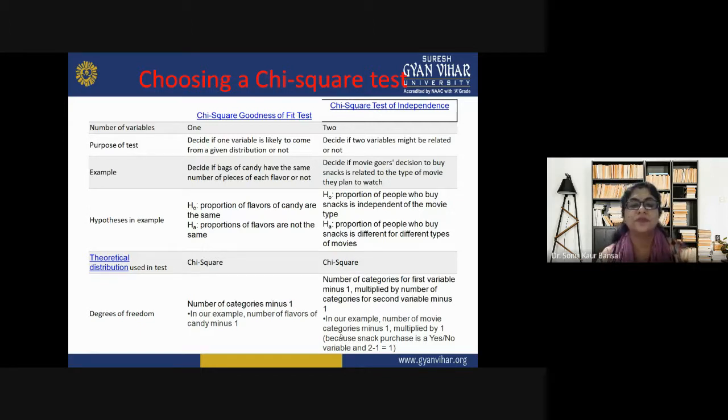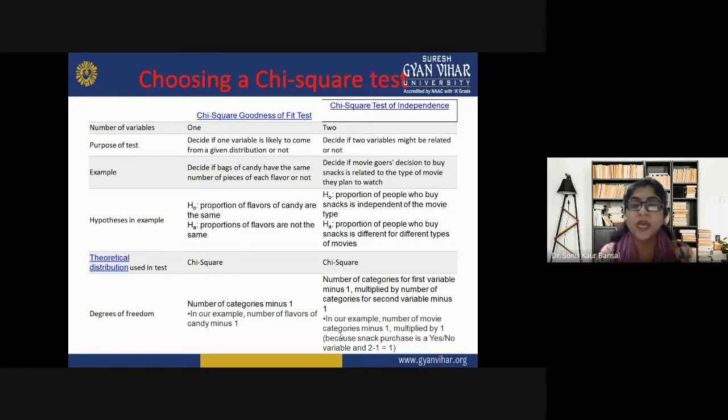Or the proportions of flavors are not the same. Is it the same? Students, just imagine you have 10 candies with you and all are called strawberry flavor candies, but the 10 candies do not have the same proportion of flavor which you are expecting. So there is a difference between expected frequency and observed frequency.